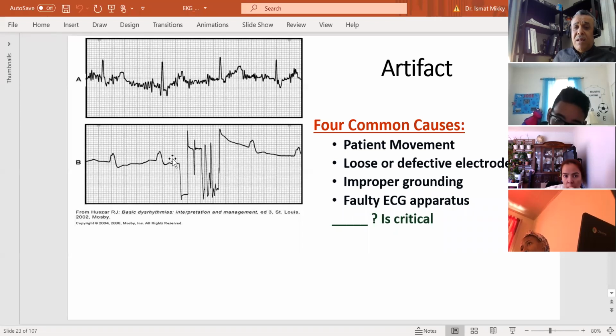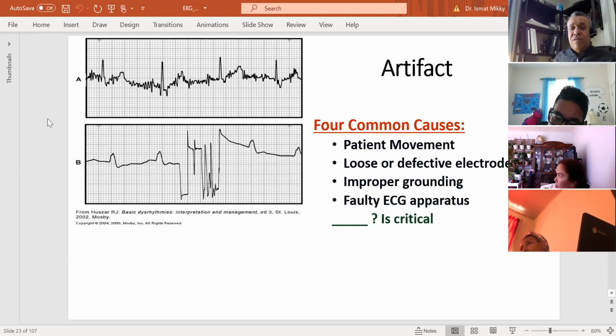If not, then it could be an artifact, meaning something is wrong with the leads or the device. It could be loose electrodes, or the patient moving. There are lots of reasons that the monitor is showing these artifacts.